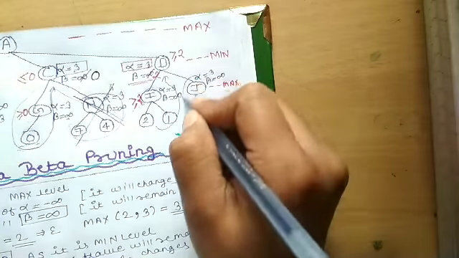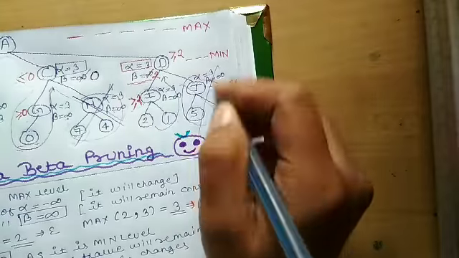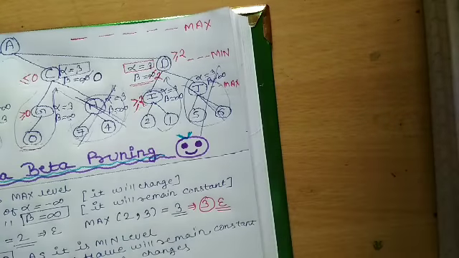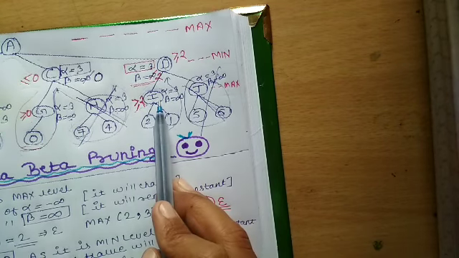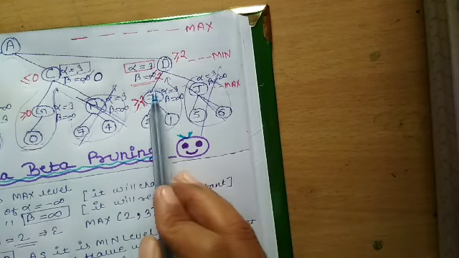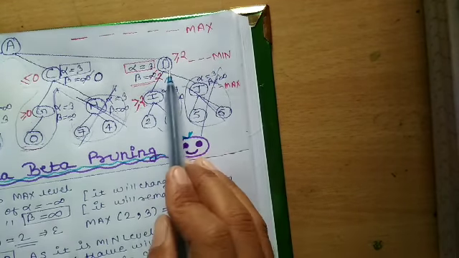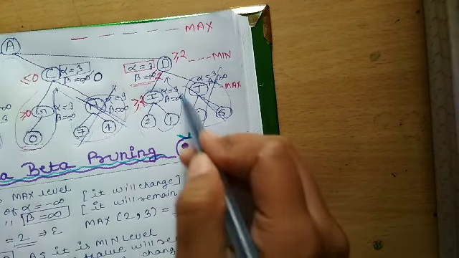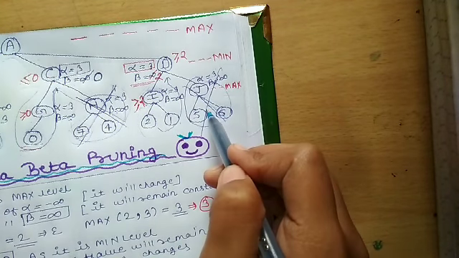So just cross it. We don't have to explore it. J child we don't have to explore. So the minimum value, you don't have to do anything with it. Minimum value which is for D is 2 only. After that exploration of this is done. Exploration of this is not required.